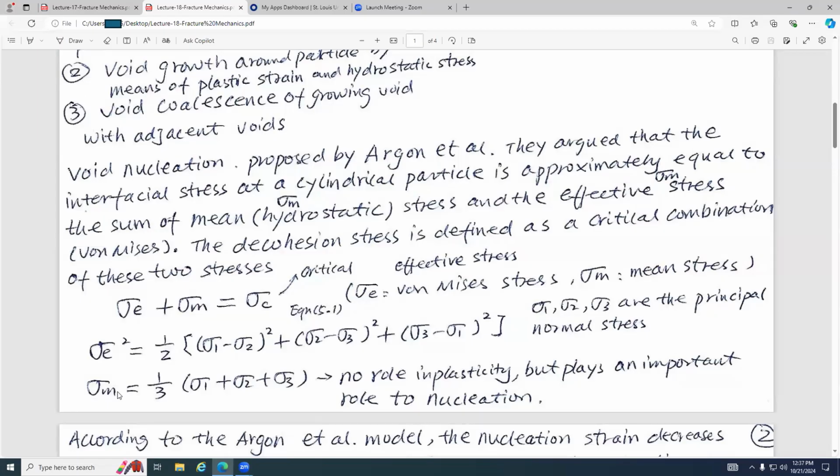And you know normal stress, guys, right? I hope so. Yes. Be confident. Okay. These are normal stresses. So here is sigma 1, sigma 2, sigma 3. What are they?